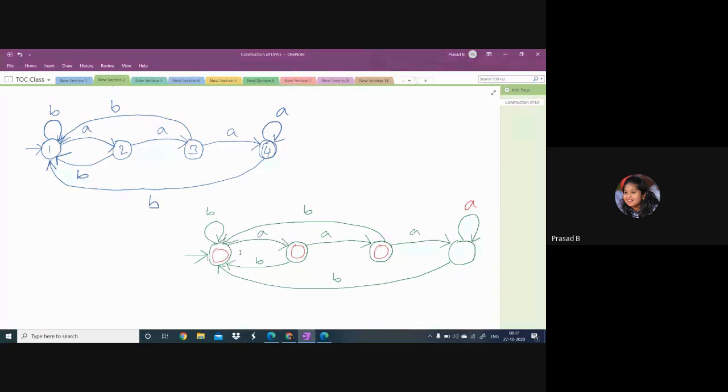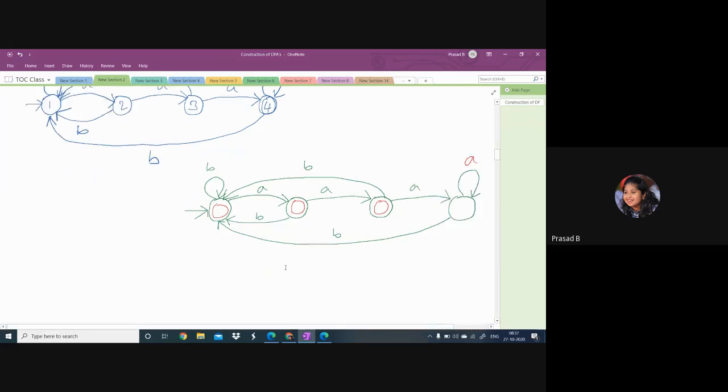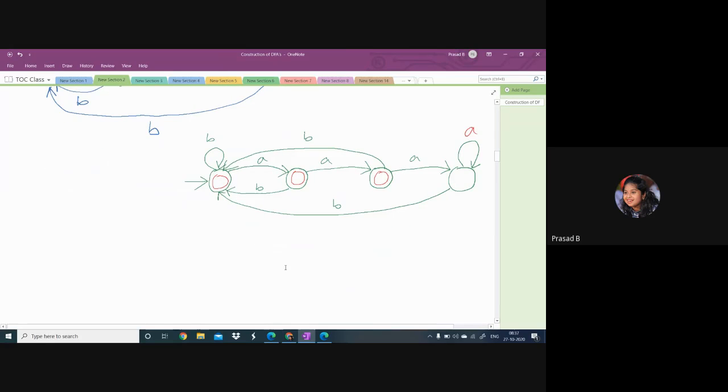By interchanging final and non-final states, the complement of a given automata will be formed. Okay. Next.